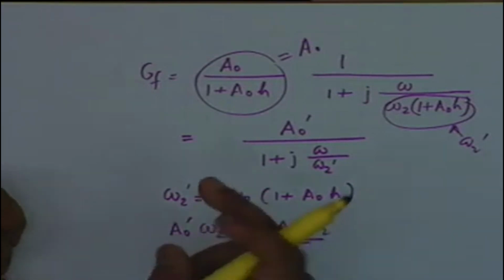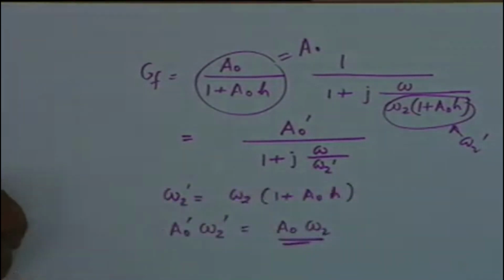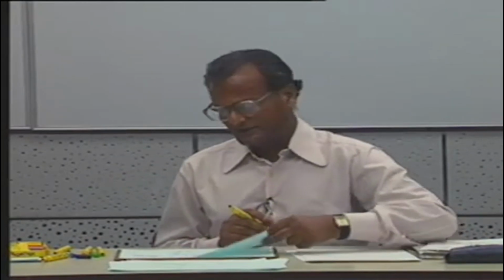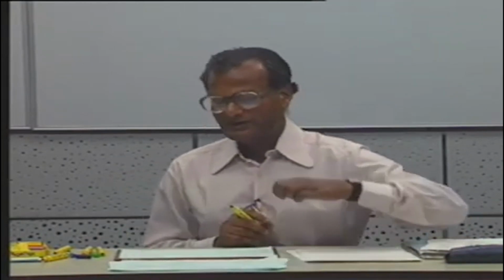You increase one, then you decrease the other. All right. And this is a fundamental law. It's a reflection of the uncertainty principle. The product remains a constant. It reflects in many engineering situations Heisenberg's uncertainty principle. So you understand why we say that negative feedback helps us in wide-banding.